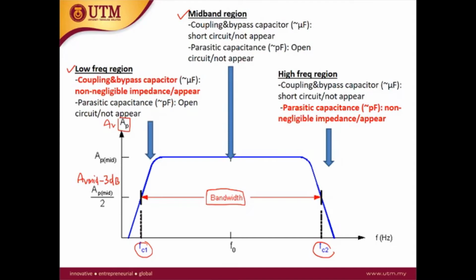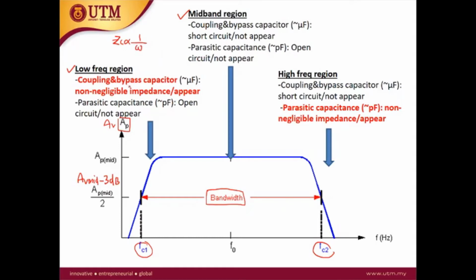Okay, so when the frequency decreases, what happens to the impedance of the capacitance? As the frequency decreases, the impedance of the capacitance will increase, because ZC is inversely proportional to the frequency.